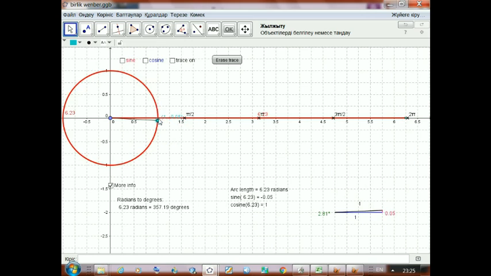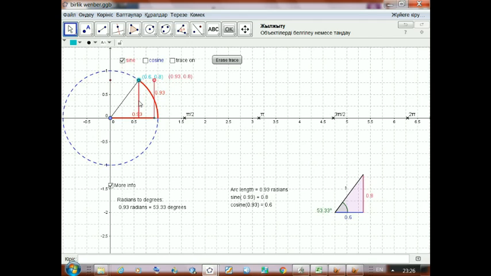Now, the sine function we're learning. As you see, the length of this line segment, if you remember, gives us the value of sine. As we increase the angle, the line segment is increasing.